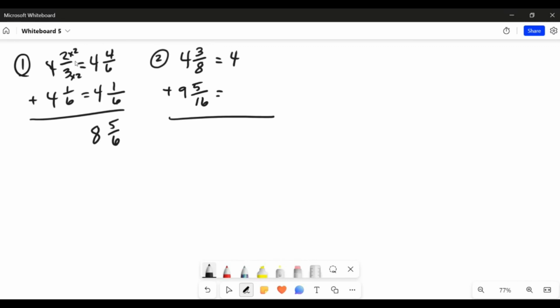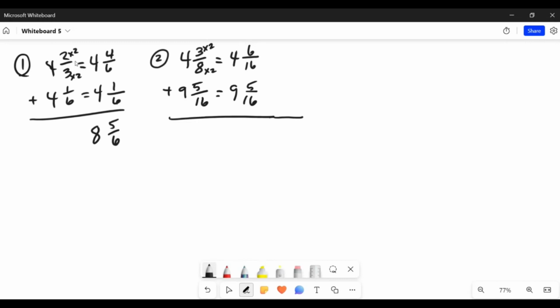So I'm going to write 4 and 9, and my common denominator, if I have 8 and 16, is 16. So this fraction didn't have to change. But this fraction, we've got to convert 3/8 into the equivalent fraction. And so when we take 8 and multiply it by 2, we get 16. So we have to take 3 and multiply it by 2 and get 6.